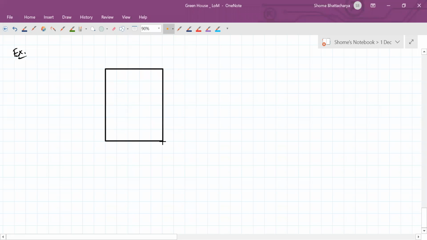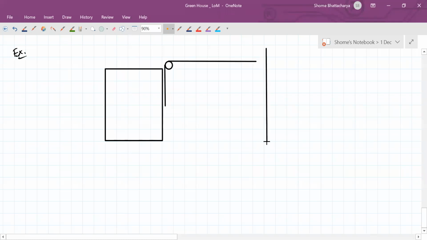So we have this kind of a situation, a large rectangular kind of wedge with a pulley attached near the top. Now there's a smaller block attached over here.